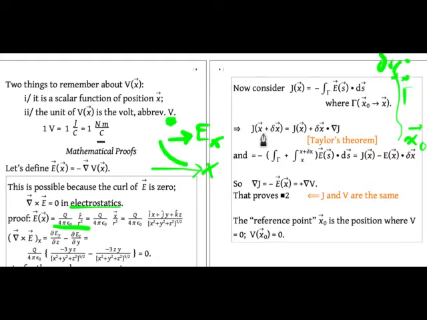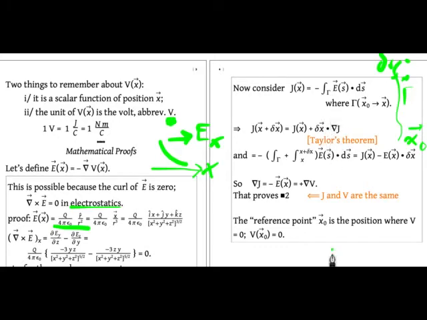Well, on the one hand, I can write j of x plus delta x as j of x plus delta x dot gradient j. That's Taylor's theorem. That's the first term in an expansion in powers of delta x. Delta x is very small. I'll take the limit delta x goes to 0 eventually. I just need the first term, and the coefficient is the derivative.